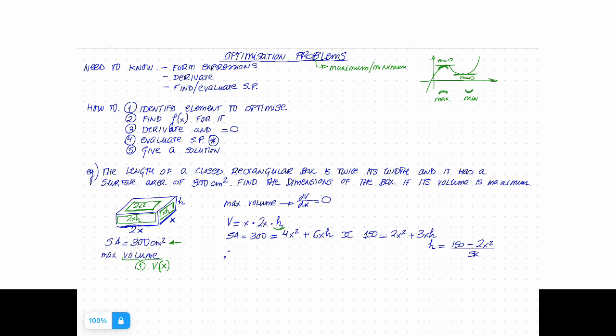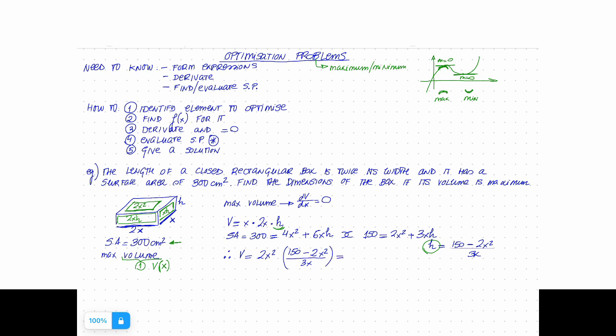And the beauty of it is that then I can come here and substitute, well, let's actually be tidy. Substitute the h for its equivalent, this expression here. So I come in here, 150 minus 2x squared over 3x.